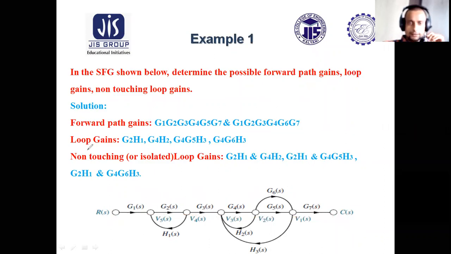Now what are the loop gains? How many loops are there? See, this is one loop. This is the second loop. This is the third loop.